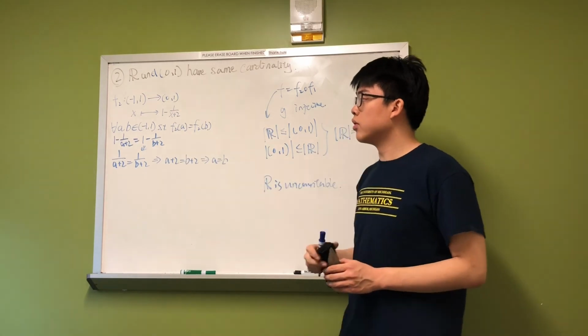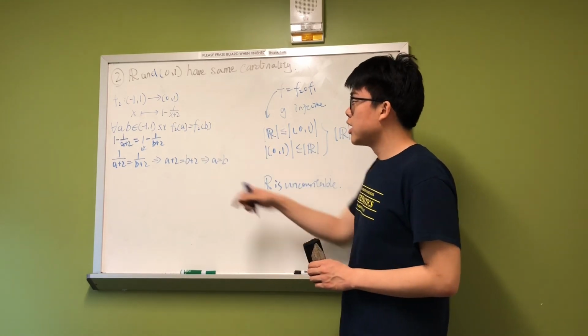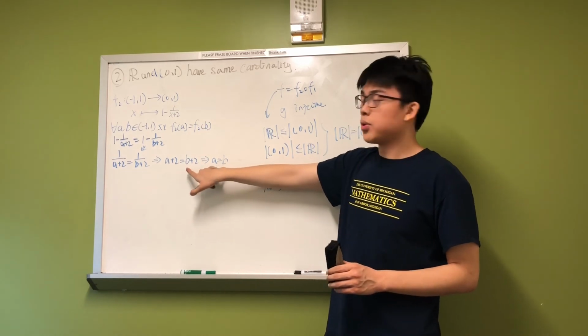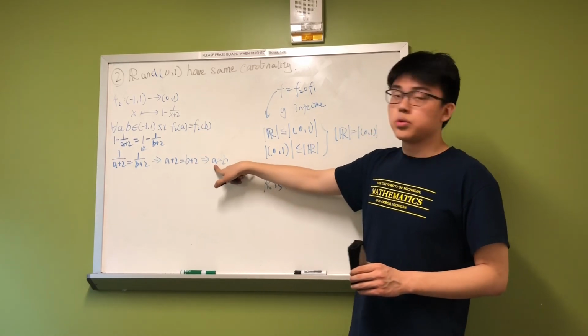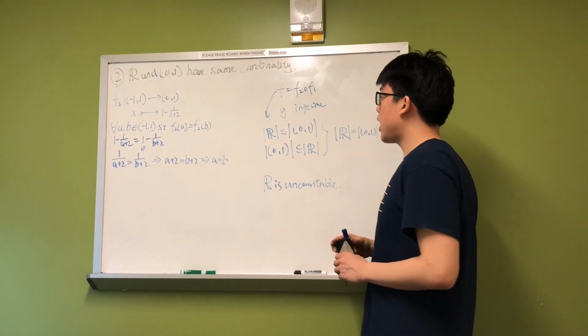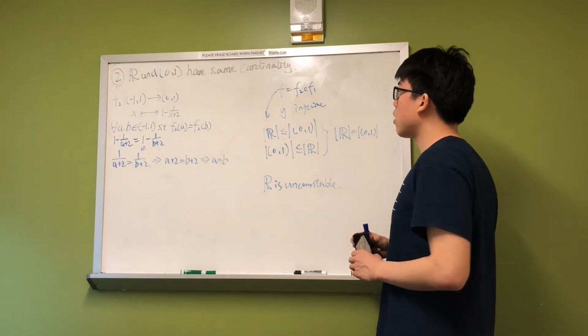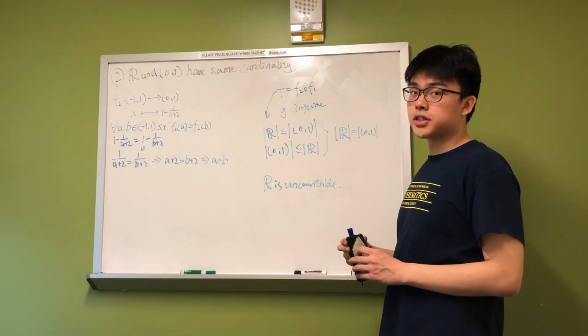So we have 1 over (a plus 2) equals 1 over (b plus 2), so a plus 2 equals b plus 2, and we have a equals b. So f2 is injective. Since f is equal to f2 composed with f1, and f1 and f2 are injective, then f is injective.